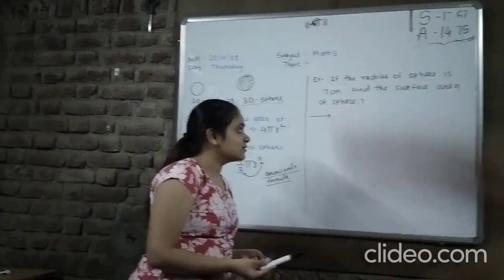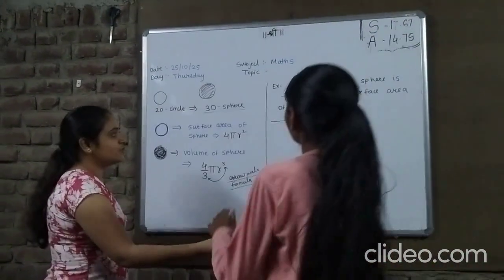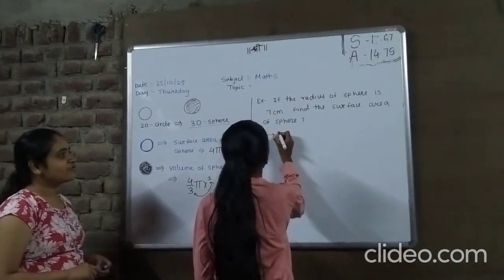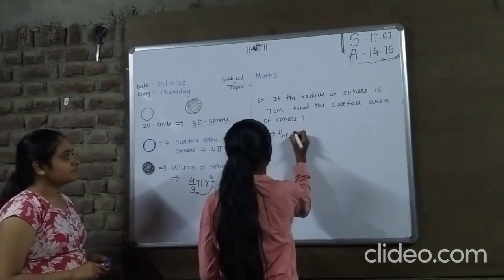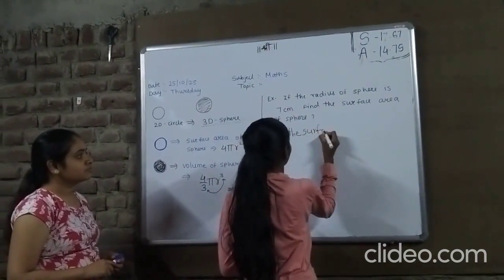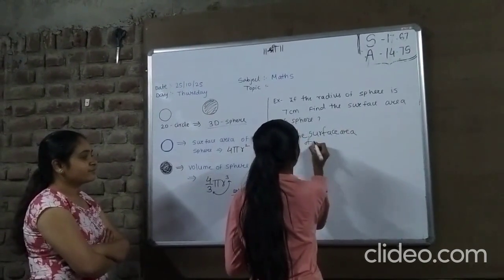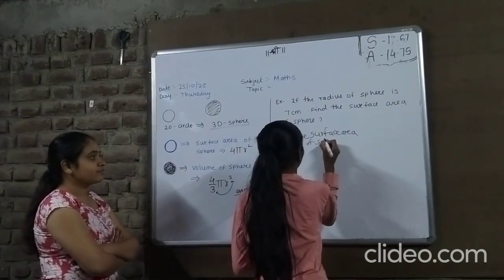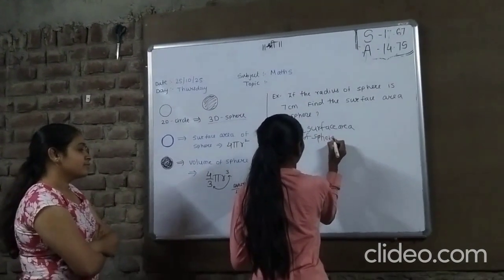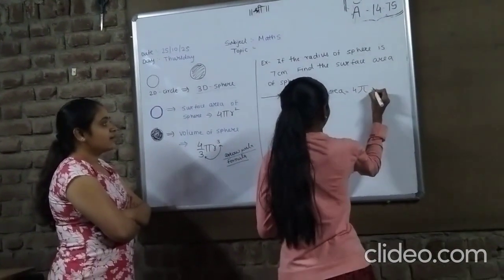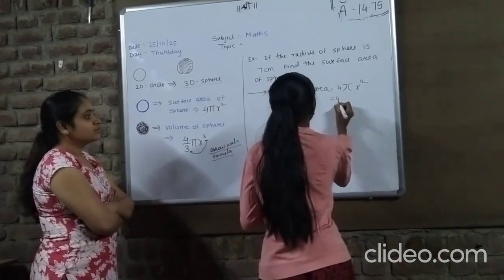What is the formula? First write the formula. Four pi r square. Yes, very good.